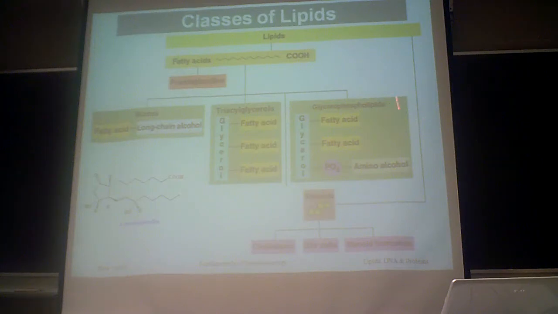Okay? And then there's this whole class we call steroids. There's cholesterol, which is found abundantly. And then there's bile salt.